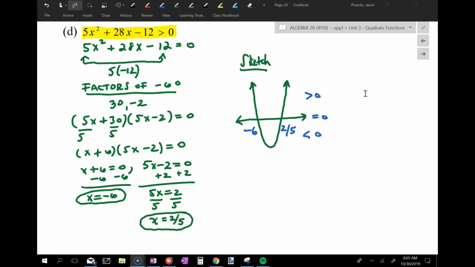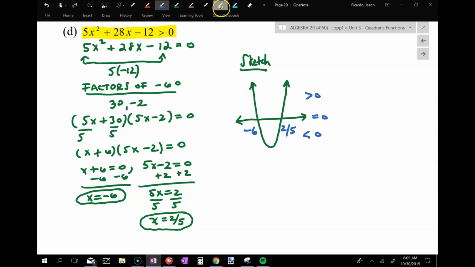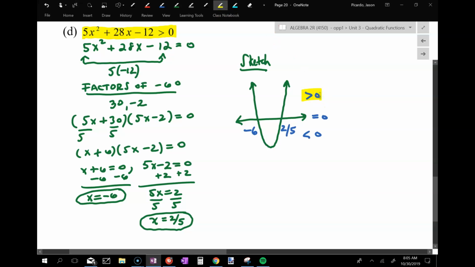So I have my two roots, okay? Talk to me about these roots. I want to know ultimately, where is this greater than 0, right? So that means everything that is above the x-axis, right? So I'm looking at this part of the parabola and that part of the parabola, right?